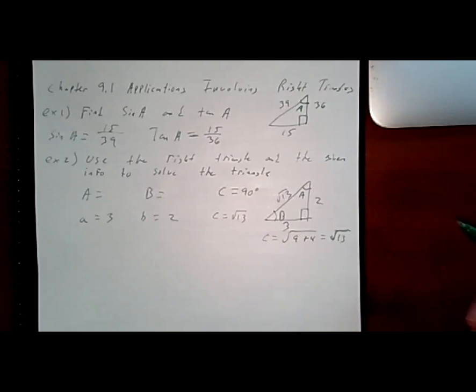Okay, so now we've got to find the angles. So we're going to have to use inverse functions. So I'm going to change my calculator to degrees, so it's a little more obvious.